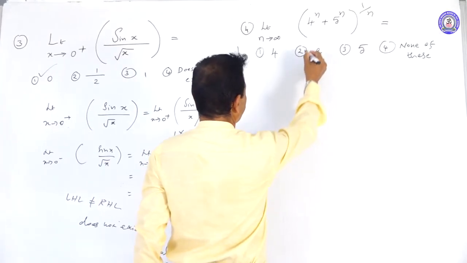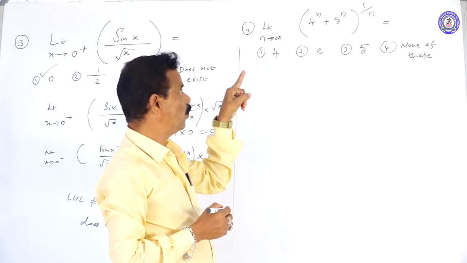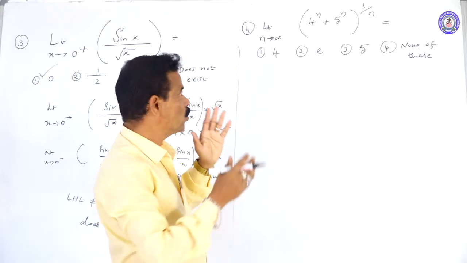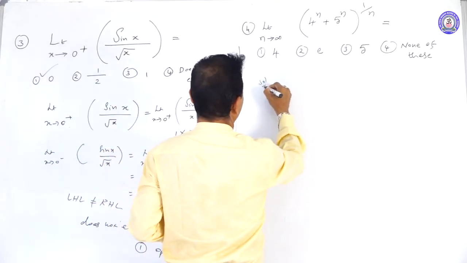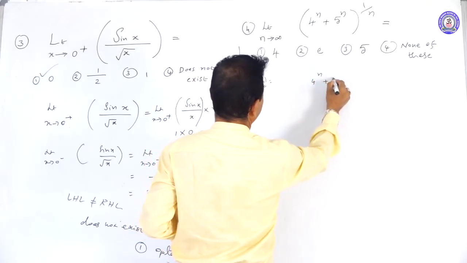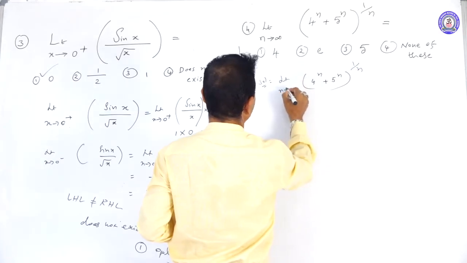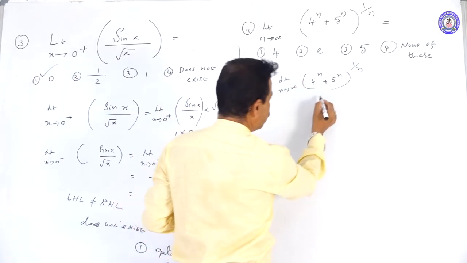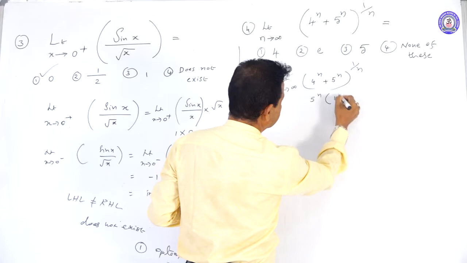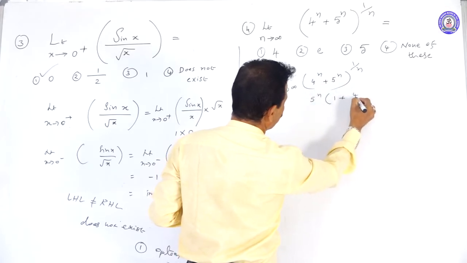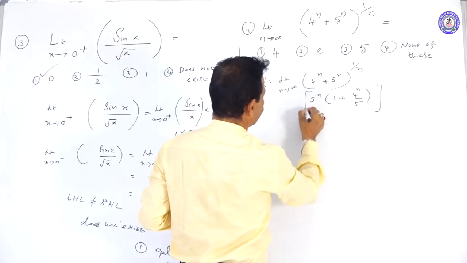Next, in this function we have 4 power n and 5 power n. The maximum value among 4 and 5 is 5, the greatest value, so we take 5 power n outside. We have 4 power n plus 5 power n, whole power of 1 by n, where limit n tends to infinity. So 5 power n is taken outside, giving 1 plus 4 power n by 5 power n, and the whole power 1 by n.